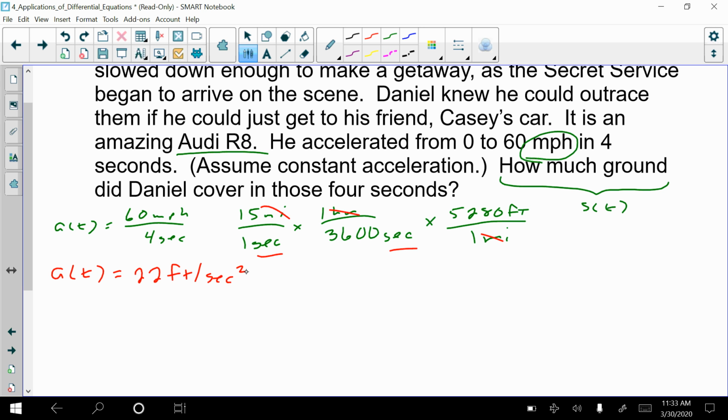So that is going to be our acceleration function. Now that's not in terms of time, that's just 22. It's just a number 22, but the context is going to be feet per second squared. We don't have any variables here.